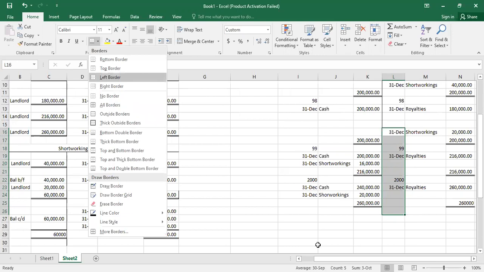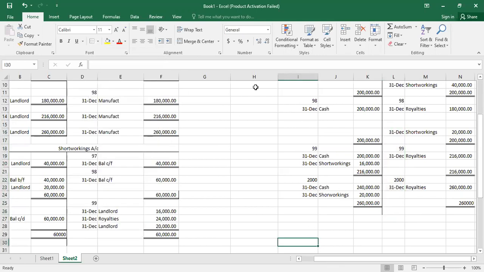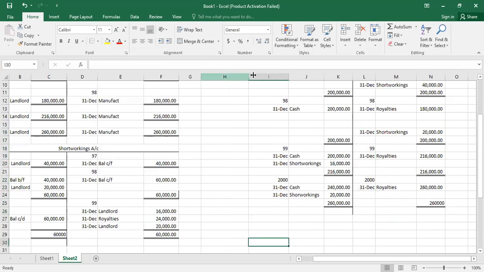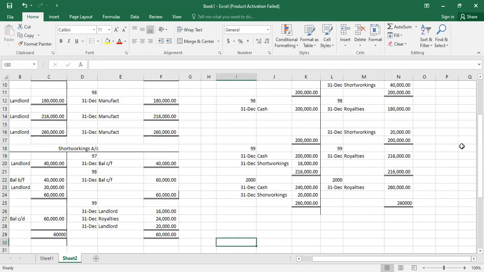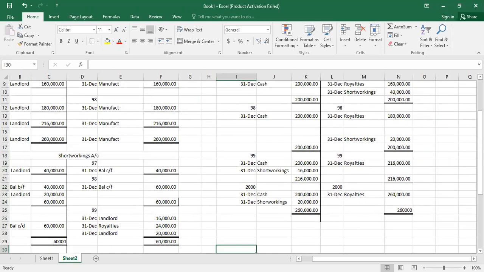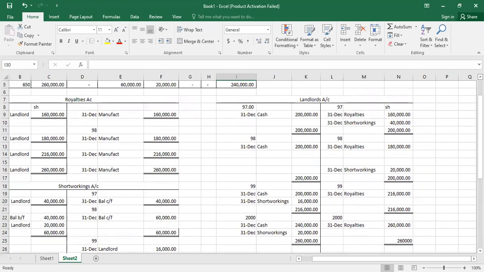Are we well? So just to reflect on the entries that you made, these are the books of Innovative Manufacturers Limited, right?